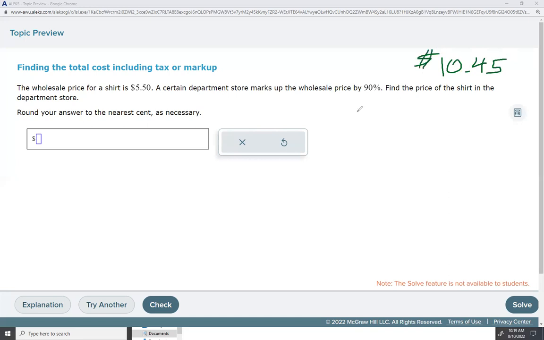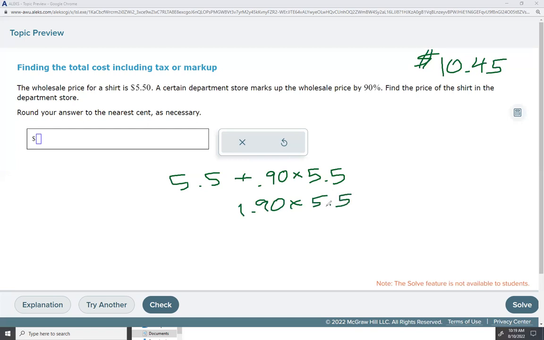Find the price of the shirt in the department store. The price is going to be the original $5.50 plus 90% of that wholesale price, $5.50. Or you could just say 190% of $5.50. Either way, it doesn't make a difference.